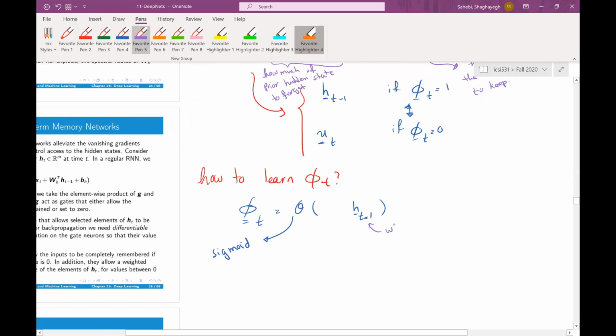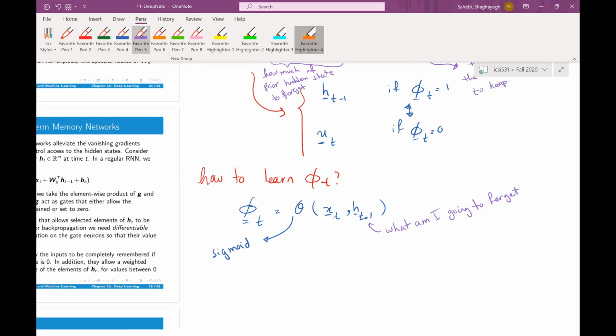Basically, it's what am I going to forget, right? So if I decide to forget something or not, it depends on what that thing is, right? And also it depends on the current input, because it is going to keep the update according to the current input, right?